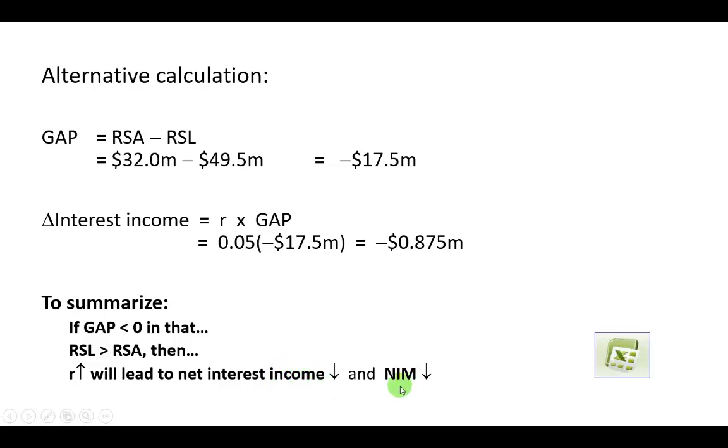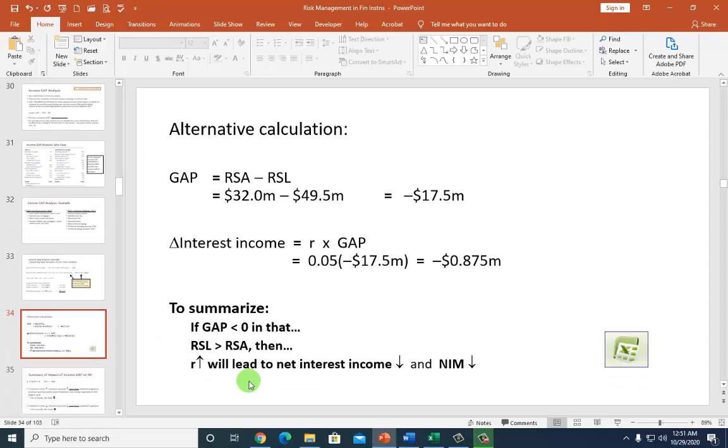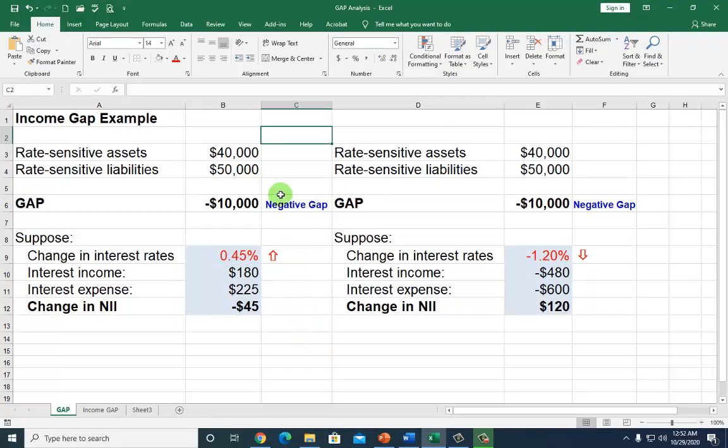Net interest margin is your net interest income divided by your interest earning assets. So I'm going to summarize this on a spreadsheet so you see how that shakes out. All right. In this simple example, let's say that a certain bank has rate sensitive assets equaling $40,000 and rate sensitive liabilities equaling $50,000.